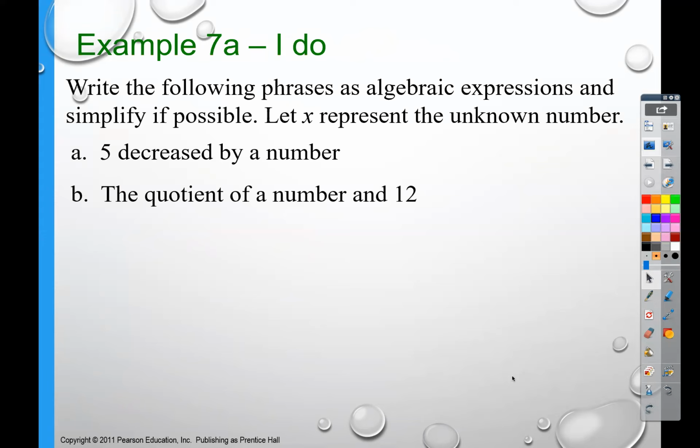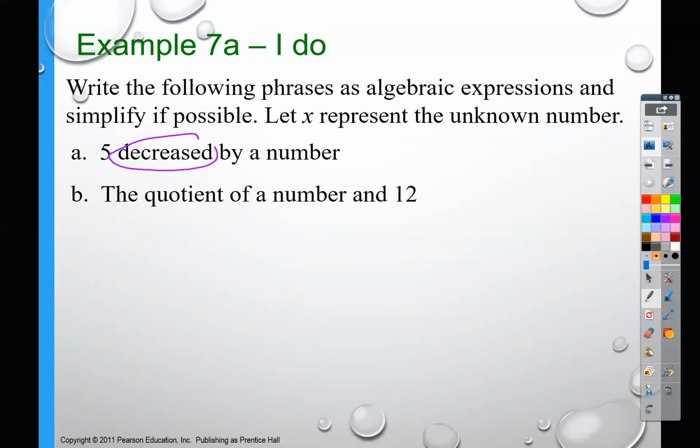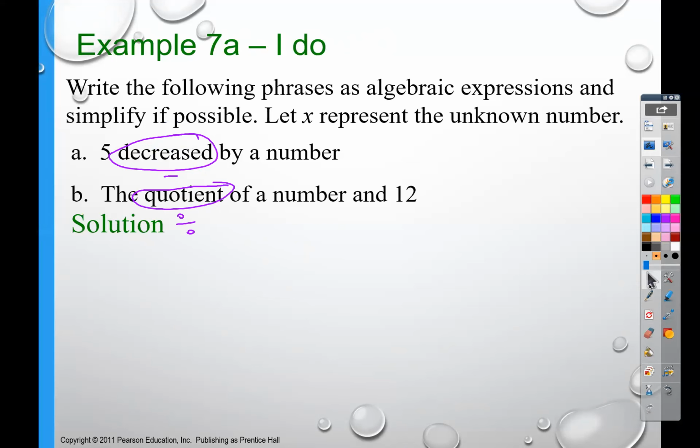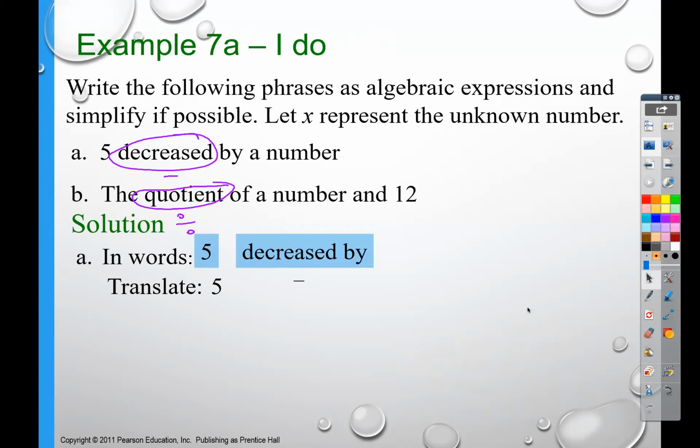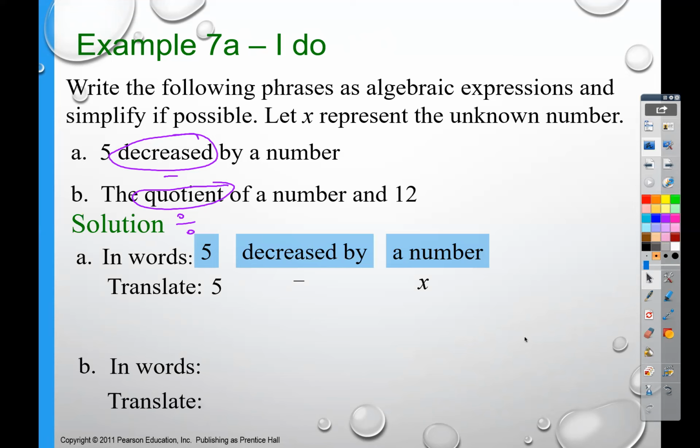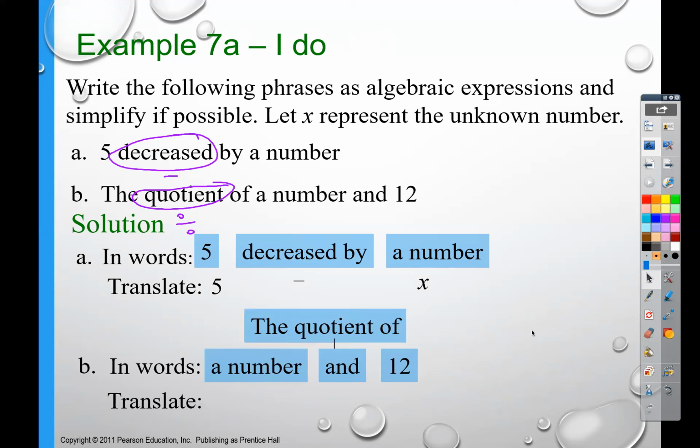A, 5 decreased by a number, and B, the quotient of a number and 12. So decreased means subtraction, right? And the quotient means division. So in A, 5 decreased by a number, x. And in B, the quotient of a number and 12, you write it like this: x divided by 12.